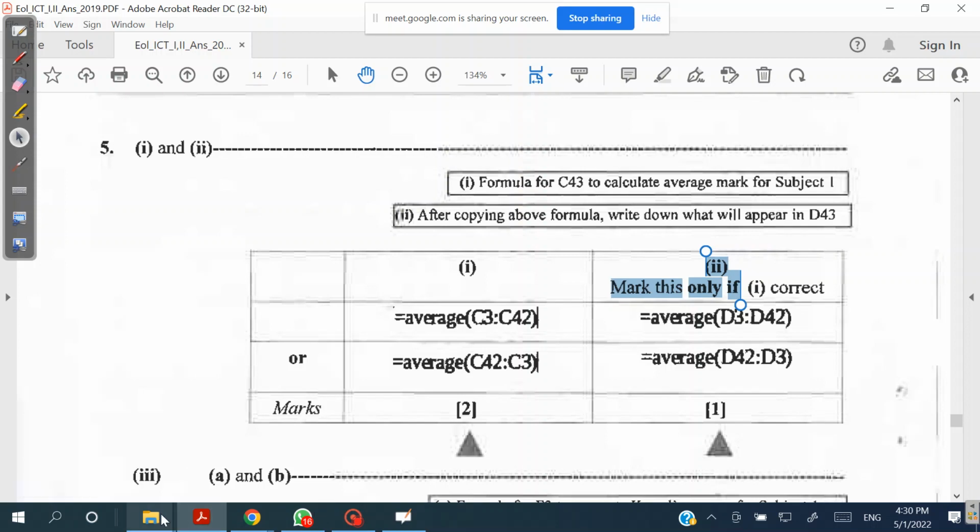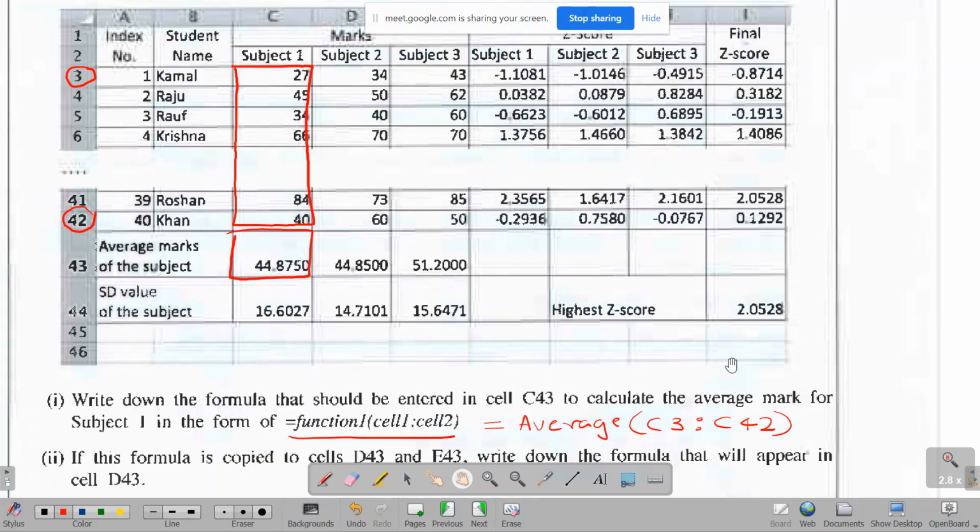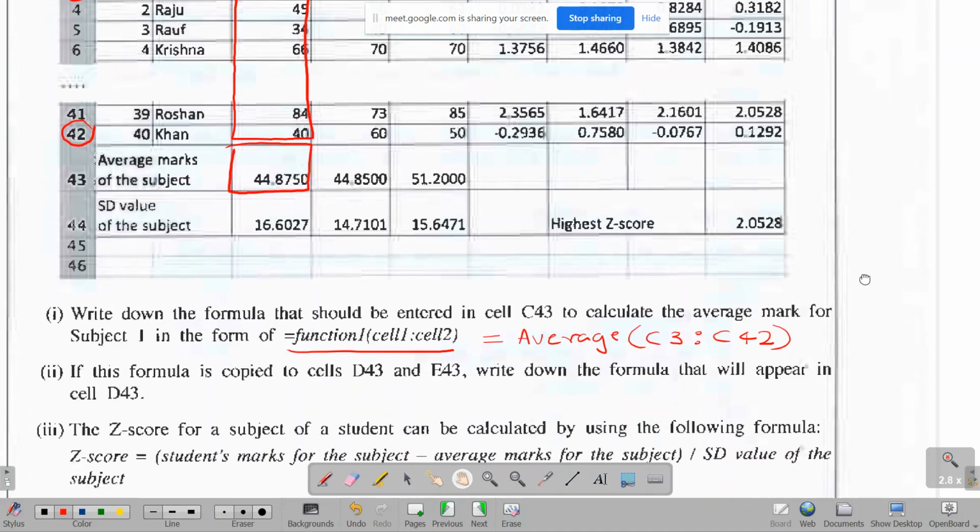So in the second one, what they're asking is, if this formula is copied to cell D43 and E43, write down the formula that will appear in cell D43. So D43 means this, right?